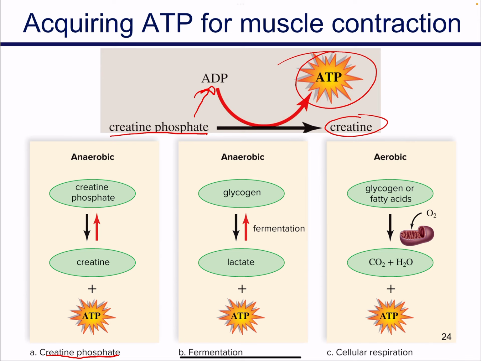During anaerobic respiration as well, so fermentation, we are going to have ATP produced through anaerobic processes, okay? And then through cellular respiration, we are going to have ATP that can also be produced. So 3 sources of ATP in the body.